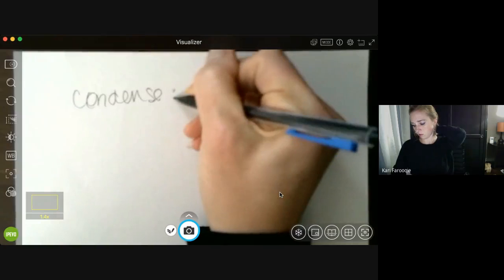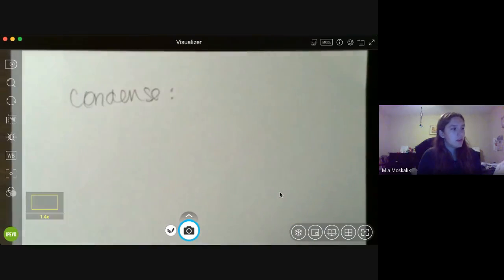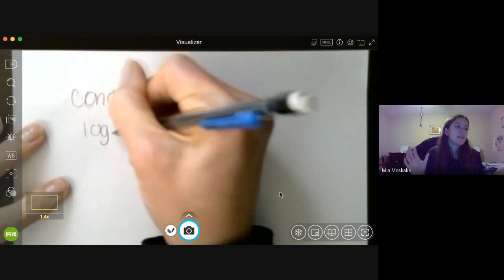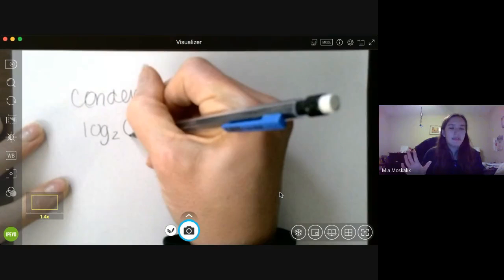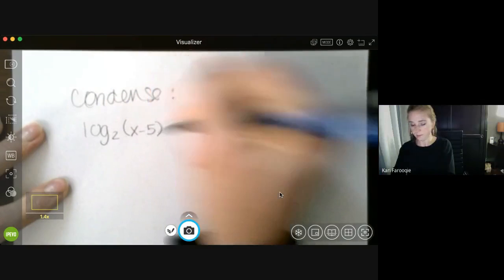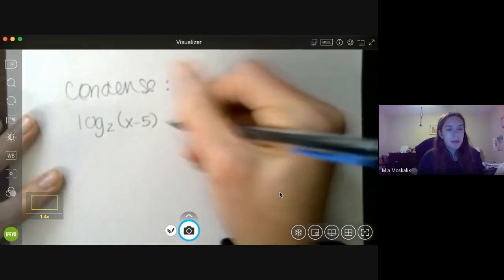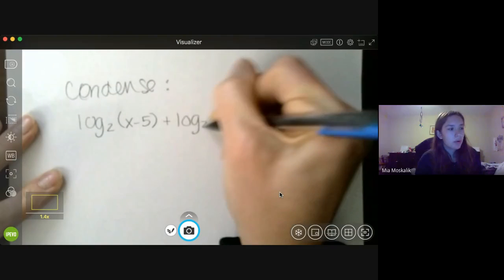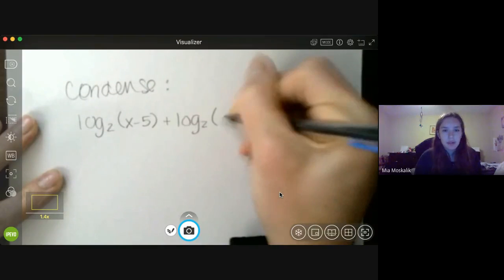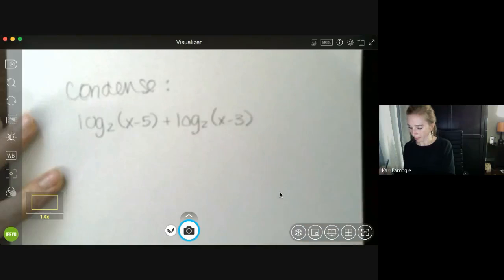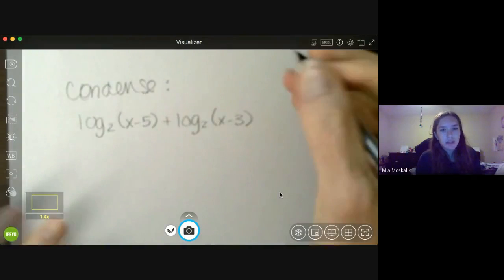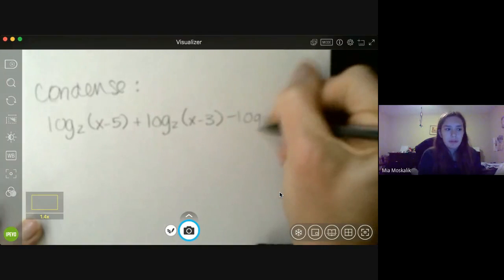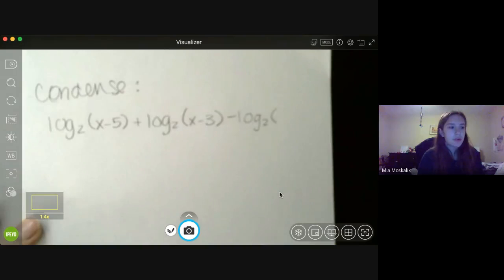Okay. Well, tell me what it says. So it's log base 2, and then in parentheses it has x minus 5. Okay. And then plus log base 2, and then in parentheses x minus 3. Okay. And then minus log base 2 equals 3.